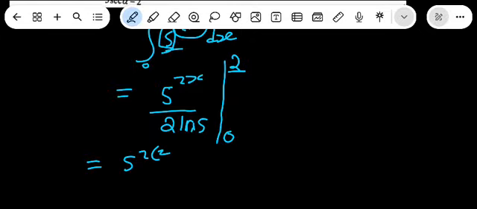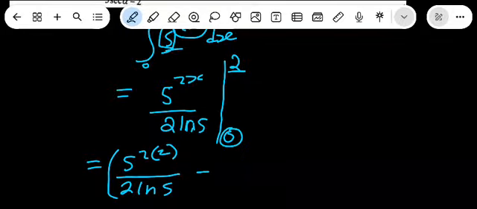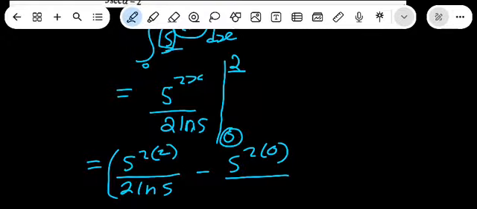You start there with the upper limit, divided by 2 ln 5. We have plugged that in, minus now the lower limit, 5^(2·0) over 2 ln 5.